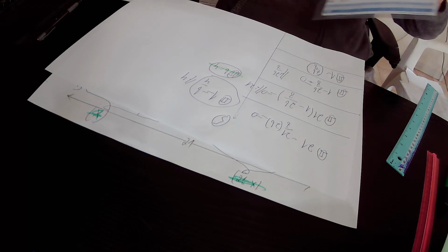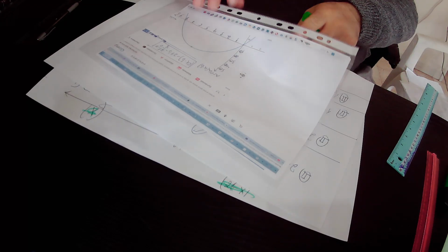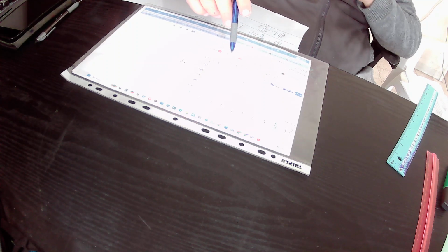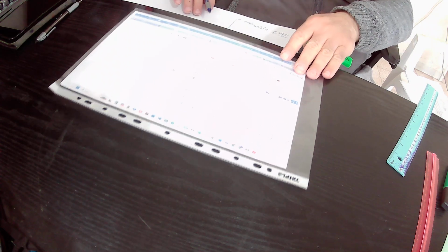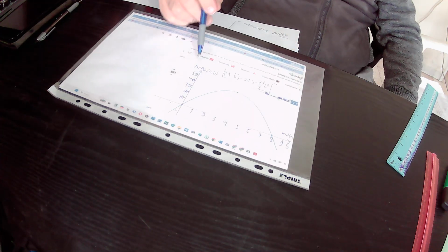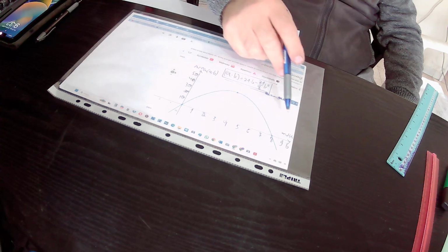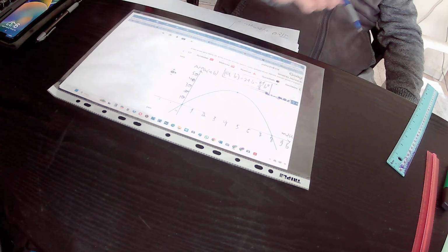This is how it looks. The area of rectangle PQST is a function of b. On the y-axis we have the area, on the x-axis we have the width b.